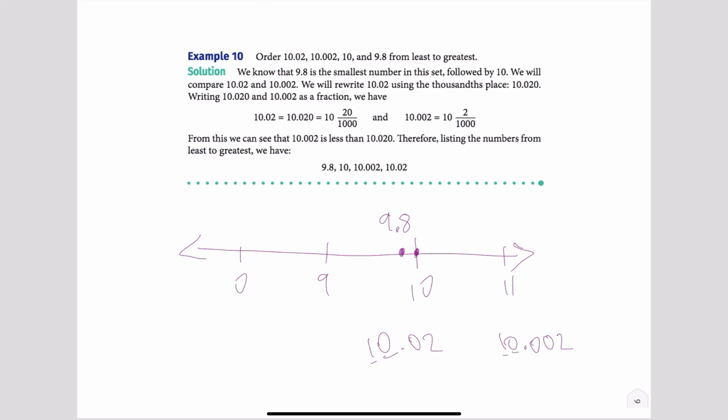They both have a 0 in the ones place. They both have a 0 in the tenths place. So far, they have the same first three numbers, 10.0 and 10.0. Then I go to the next number, 2. Compare that to 0. Which one's bigger? The 2 is bigger, so this is the bigger number. So that means that I would have my 10 and 2 thousandths here, and then I'd have 10 and 2 hundredths here. So 2 hundredths is bigger than 2 thousandths.